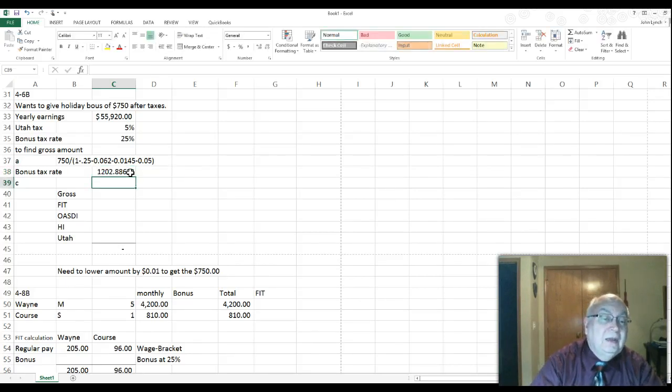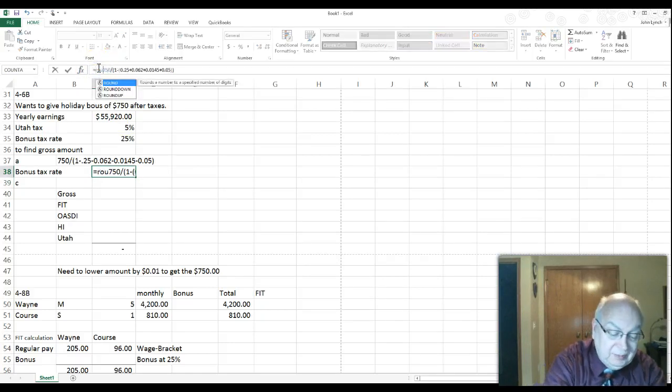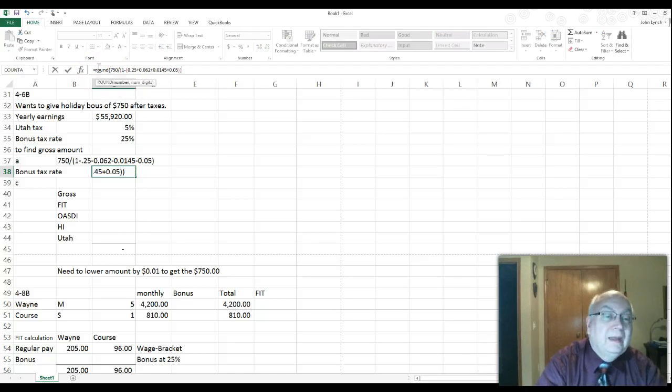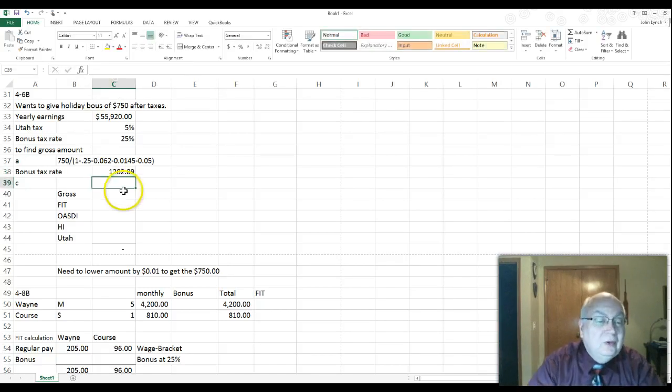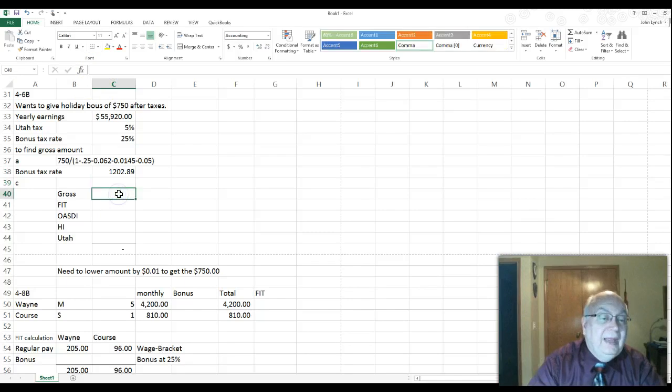If you want it to be to the nearest penny, you do the round function, and then 2, so it gives you 1202.89. Okay, so what you'll do is put 1202.89 here.